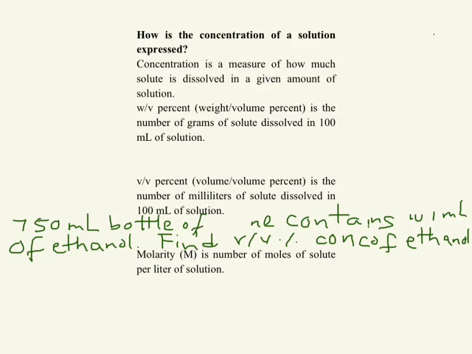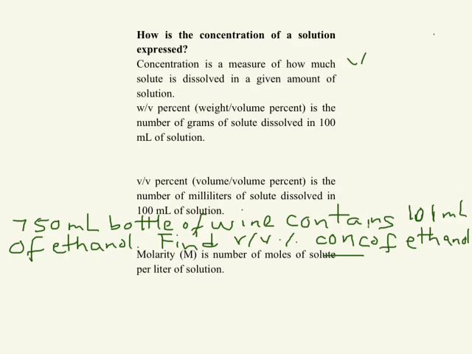A 750 milliliter bottle of wine contains 101 milliliters of ethanol. Find the volume by volume percent concentration of ethanol.